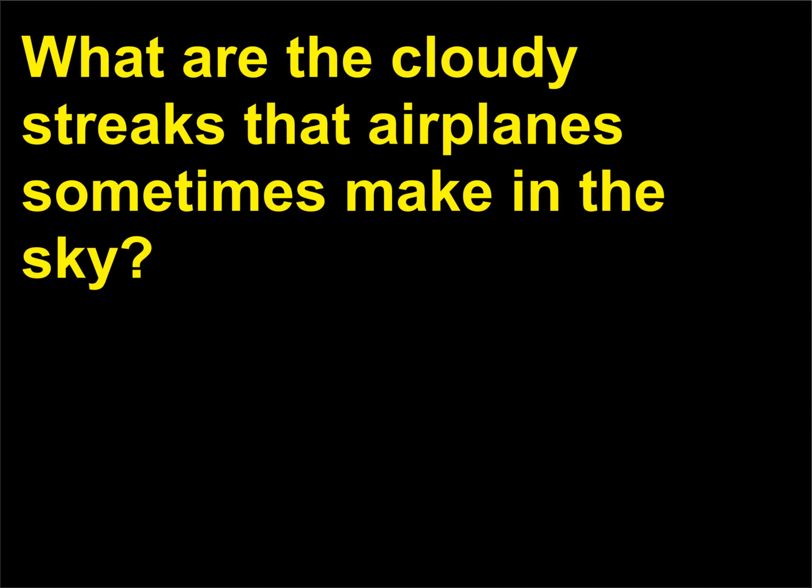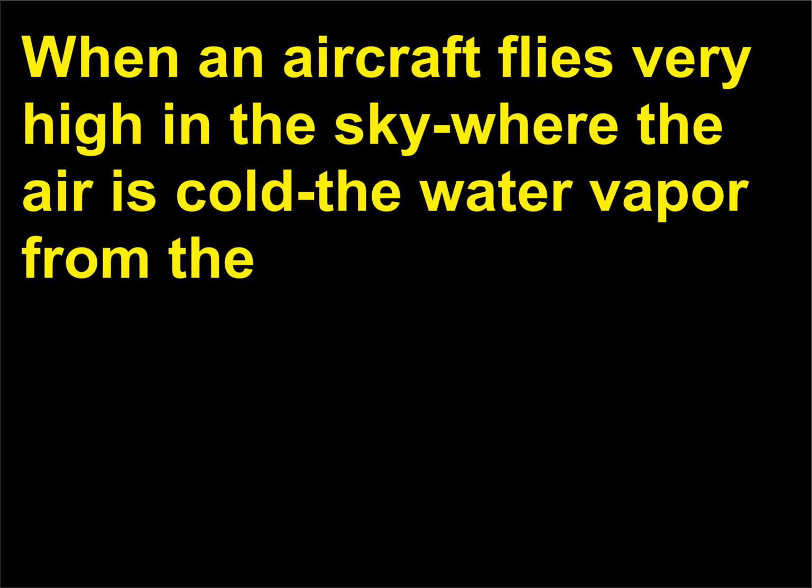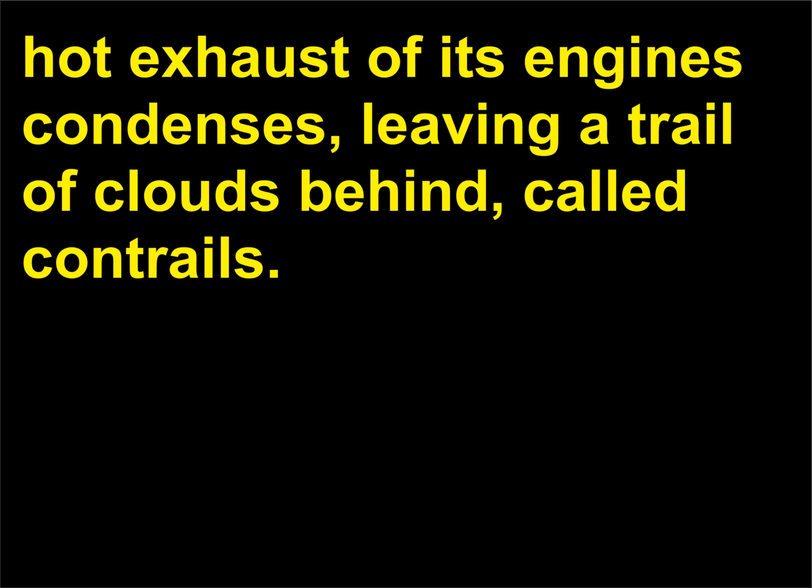What are the cloudy streaks that airplanes sometimes make in the sky? When an aircraft flies very high in the sky where the air is cold, the water vapor from the hot exhaust of its engines condenses, leaving a trail of clouds behind, called contrails.